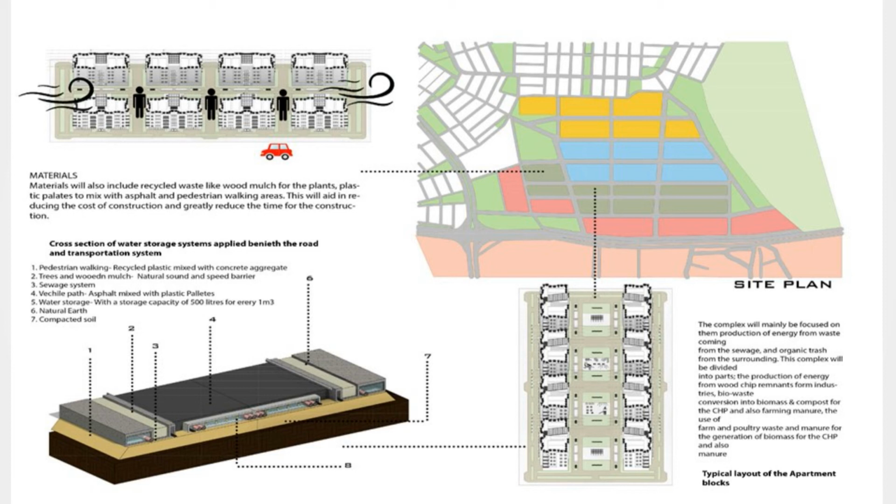This block serves almost as a unit on its own, because the reason why I went with this design is that each complex is mainly focused on the production of energy from waste, like I said, and from the sewage and the organic trash it produces on its own. So meaning the storage of water and everything that happens within this site benefits the greenery that is just between the buildings, which the users can benefit from.